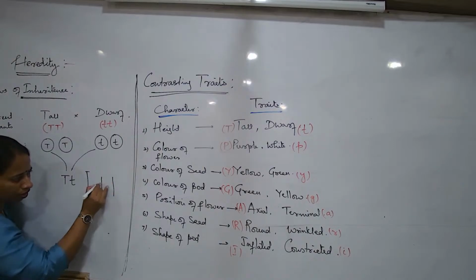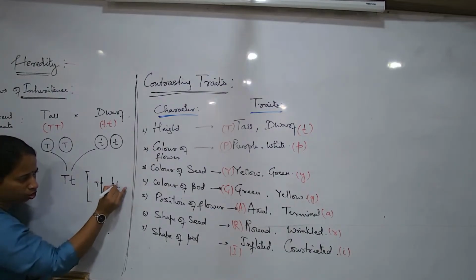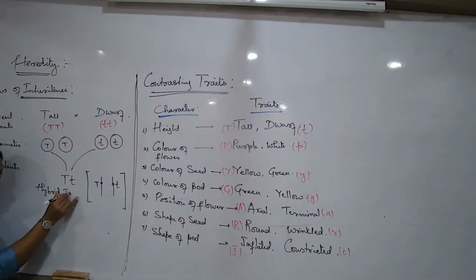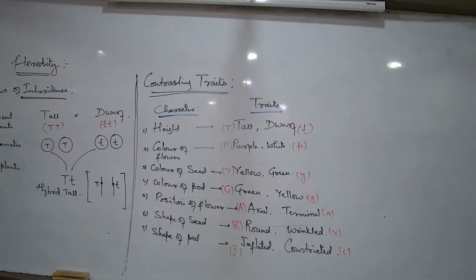One chromosome with this, the other chromosome with this. This is just for understanding. तो pair of chromosome अभी ऐसे बन गया. What is the phenotype? The phenotype is hybrid tall. इसको hybrid क्यों बोलेंगे? Because it is a combination of two alleles, two parents.